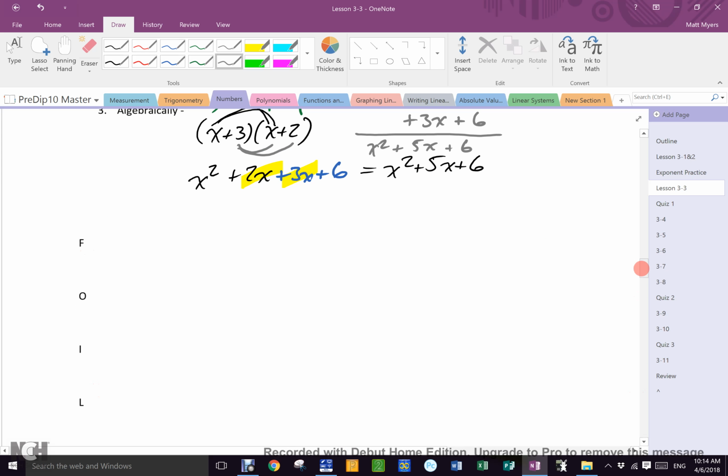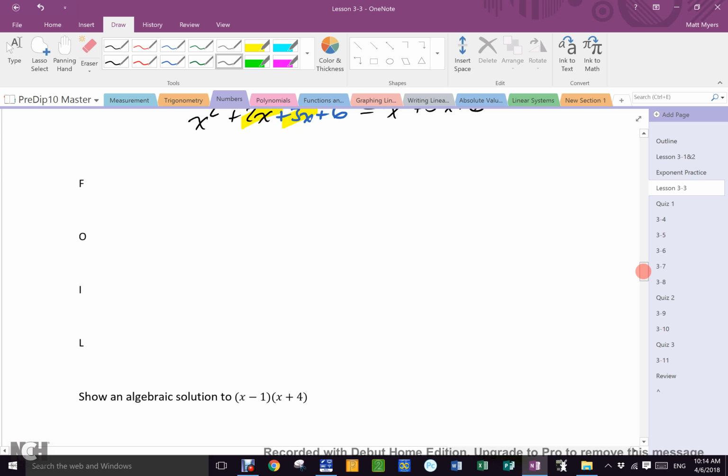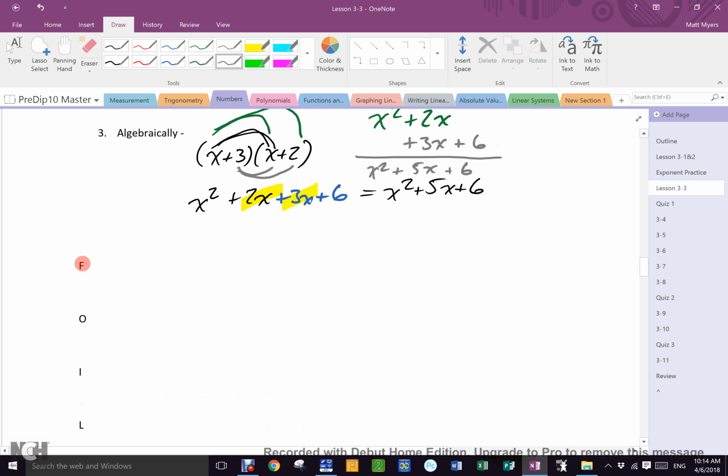This is the acronym that math teachers like to use. FOIL stands for first, which is, I'm going to write out just A plus B, A plus C. 2 variables.